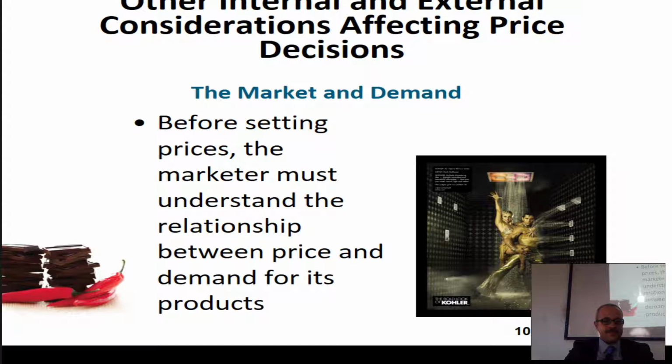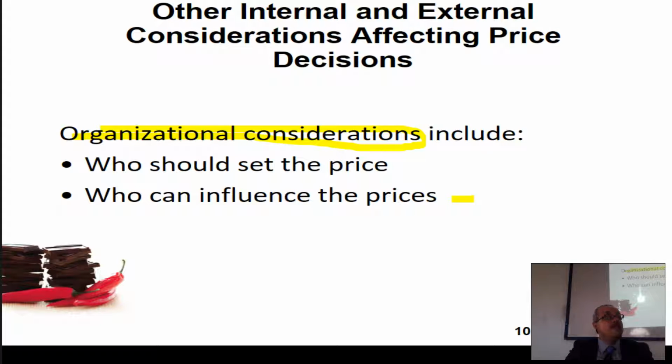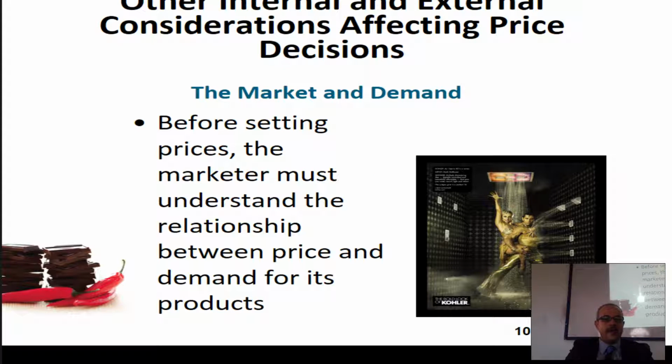Who influences it? Maybe the market, maybe finance people will say, hey, look, total costs are increasing, or the cost of funds is increasing. Maybe operations say the cost of food on the airline is increasing. So who are the people? Can be many. Market and demand.